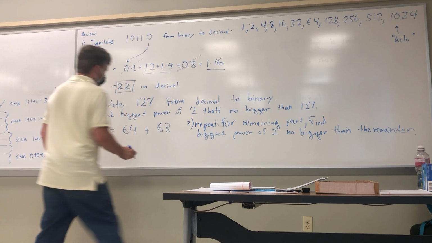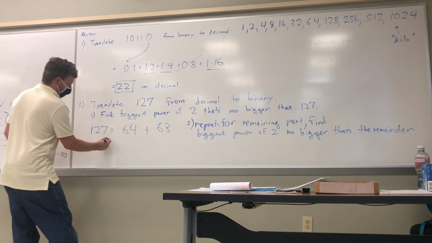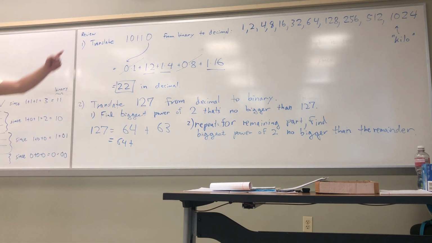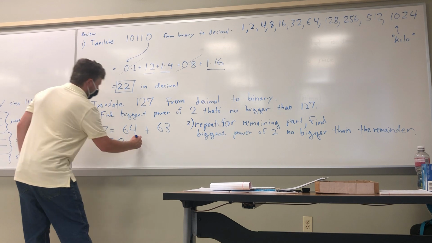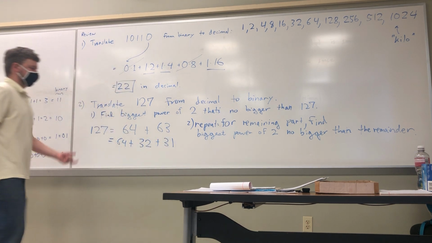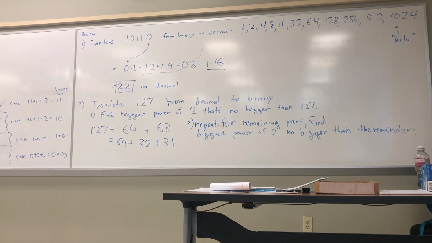So, I'll say it's equal to 64 plus, and now look for 64 would be great, but that's too big, so I have to use 32. And then what's left over is 31, because 32 plus 31 equals 63. And this keeps happening.